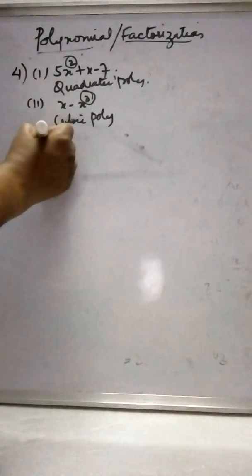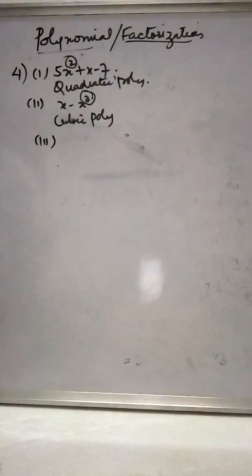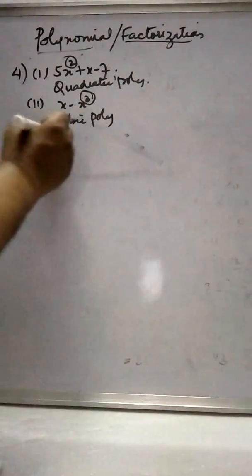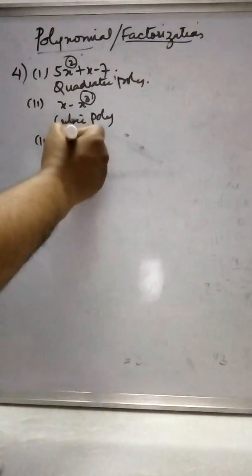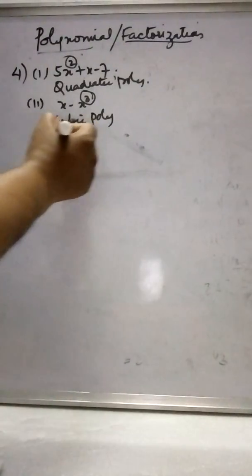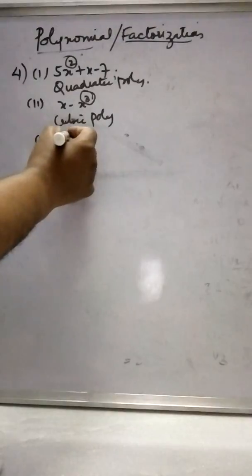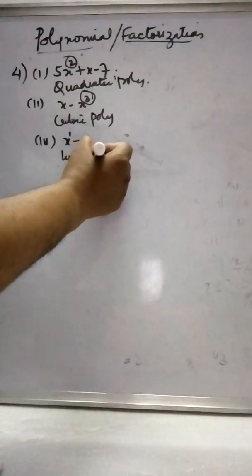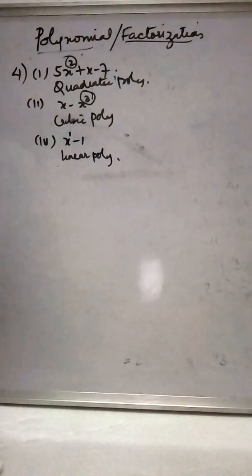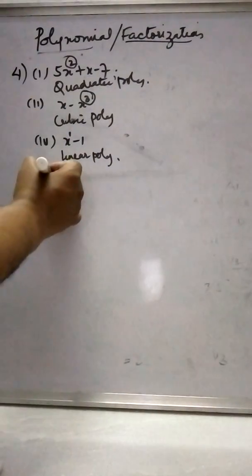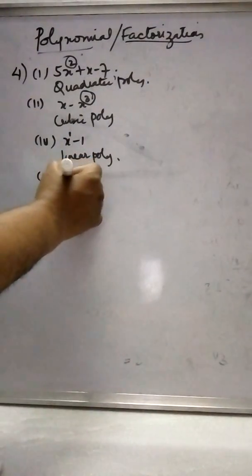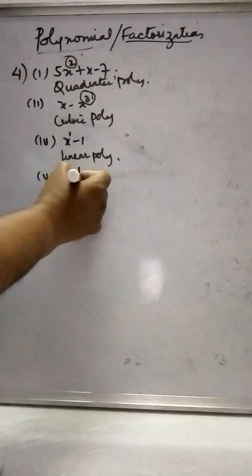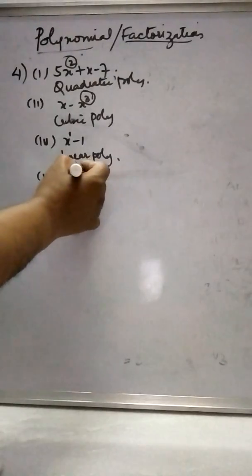Third one, we'll see the fourth one. Fourth one is given as x minus 1. The power is 1 here, so the degree of the polynomial is 1, it means it is a linear polynomial. And the fifth one, 3p, the degree of the variable is 1, so the degree of the polynomial is 1.